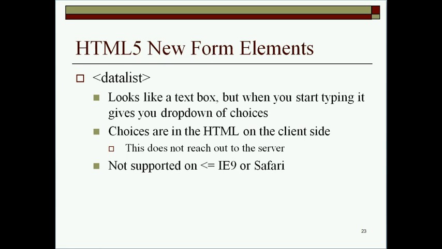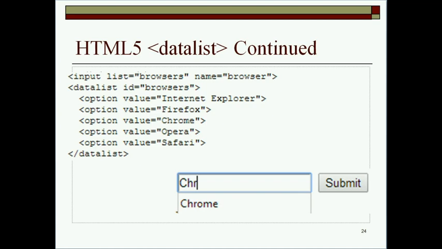There are other technologies, such as Ajax, for example, that reach out to the server to do things, but this one is only using whatever the programmer has coded into the HTML, and it does not reach out to the server.